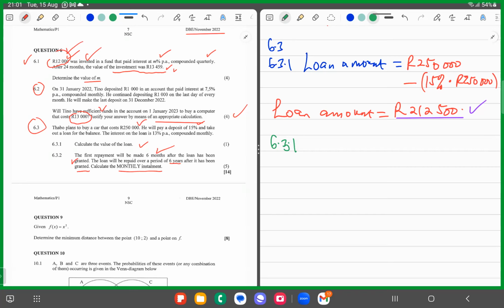Now, at this point, you need to think that the first payment will not be made immediately. The first payment will be made 6 months after the loan has been granted. The loan will be repaid over a period of 6 years.